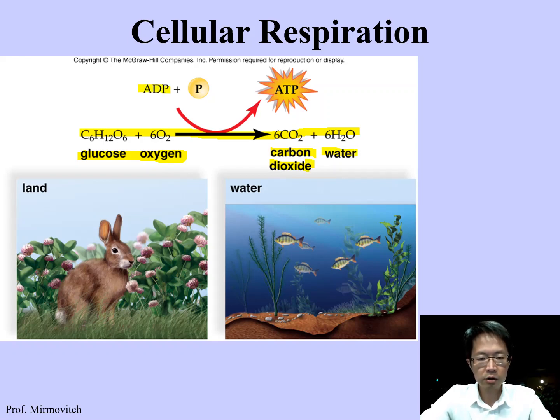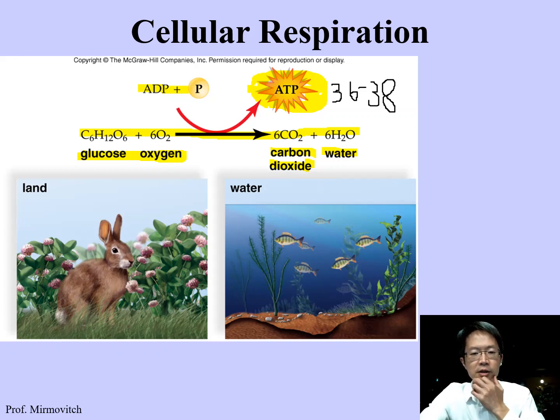And regarding the number of ATP and ADP, cellular respiration will produce 36 to 38 ATP. This is a number that you need to memorize.